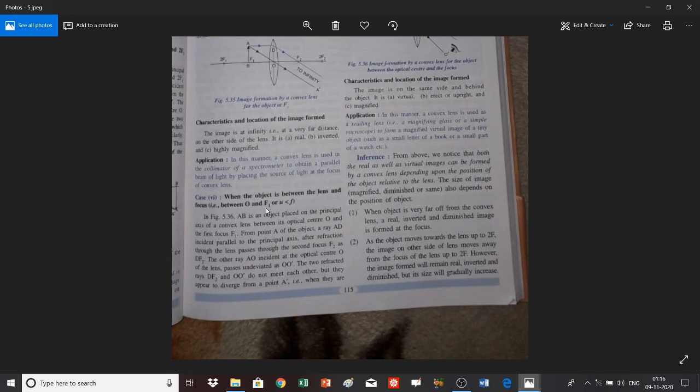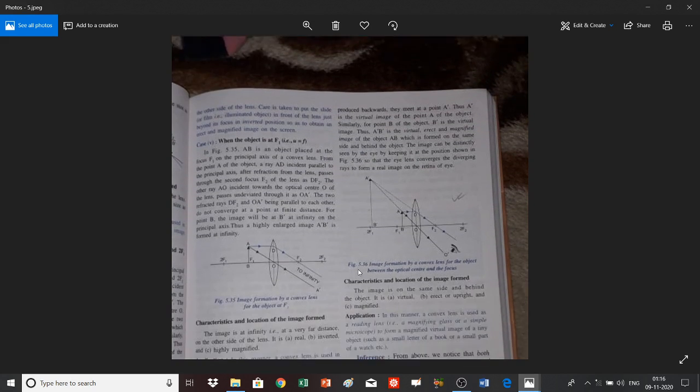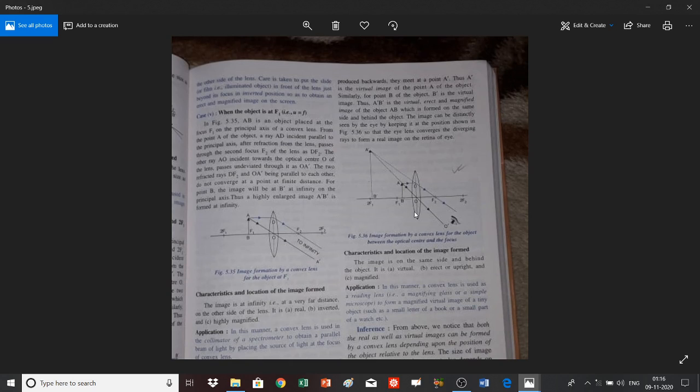Okay, number 6, here is another case, in which the object is placed between the lens and the focus. So this is the case. In this case you see here, this is the lens, and O is the optical center, f2 is the second focal point, f1 is the first focal point, and this distance O to f1 or O to f2 is the focal length, small f.